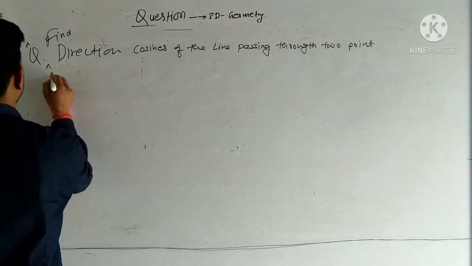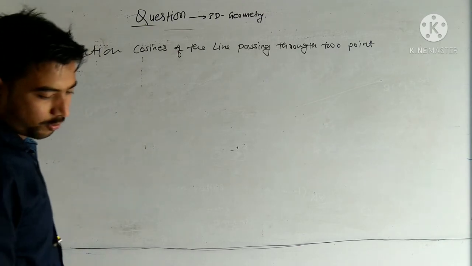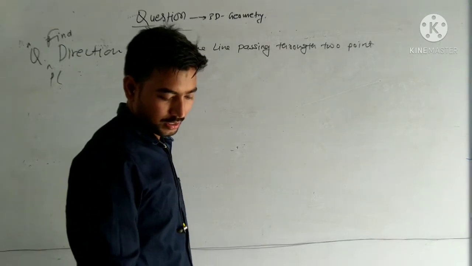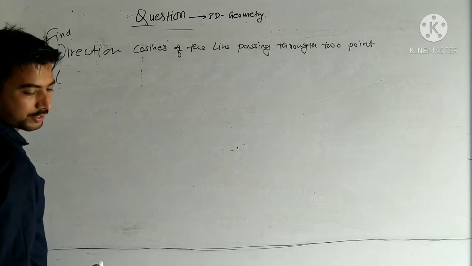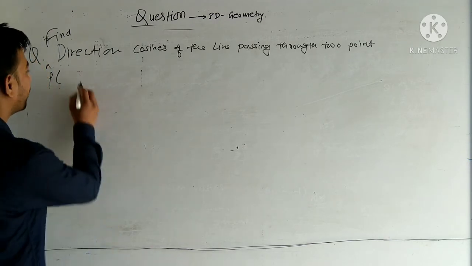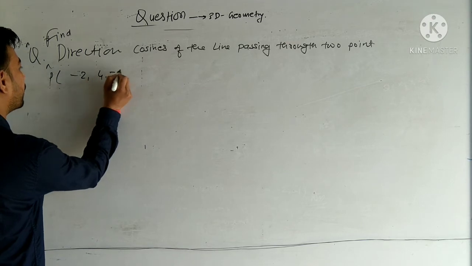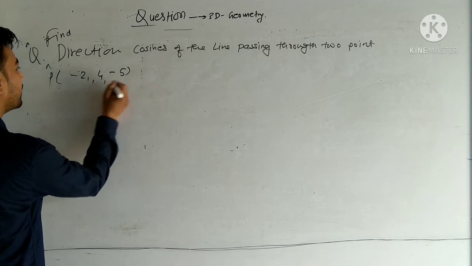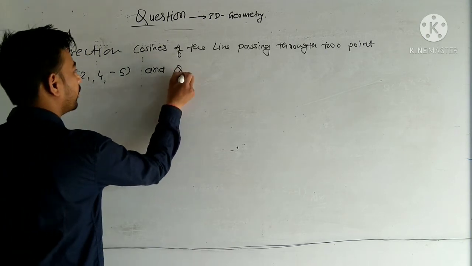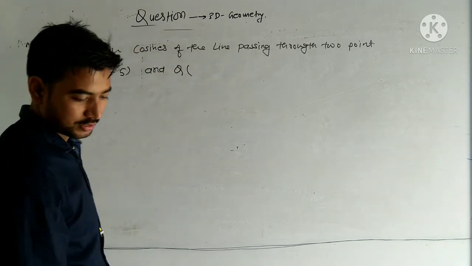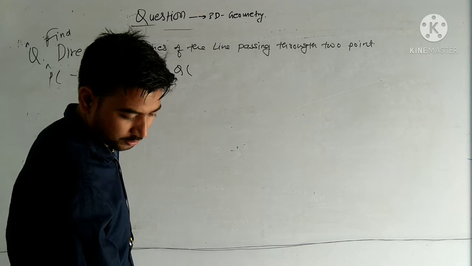One point is P, given as (-2, 4, -5). This one is a question of NCERT. You can search this one, then you will get the same question.